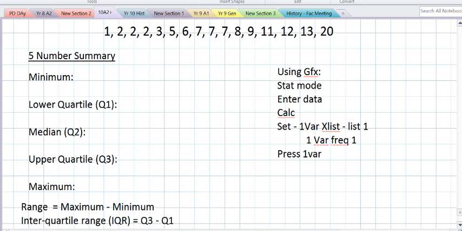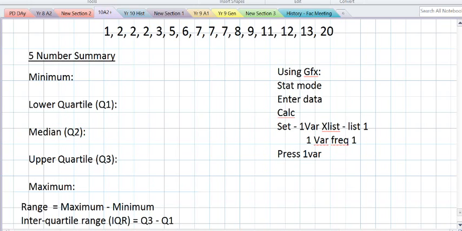After lower quartile says Q3. So Q1, sorry. We're copying this down. Yep, Q2 and then Q3.